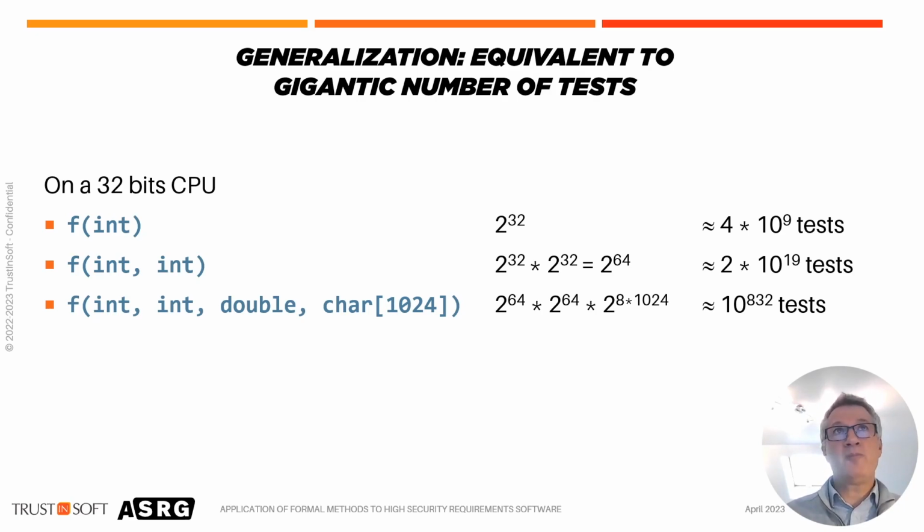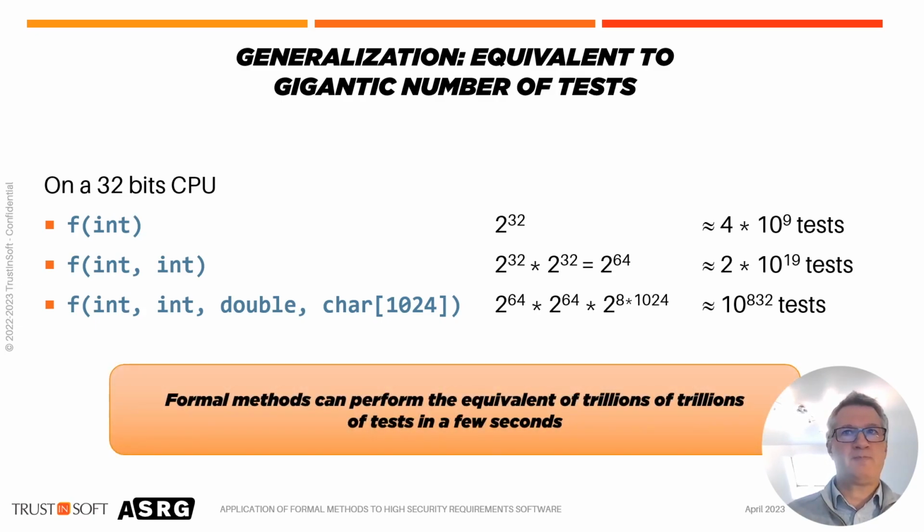And that's the promise of formal method generalization, where you will be able to perform the equivalent of tests for such a large number of inputs. And this is absolutely not a brute force approach.